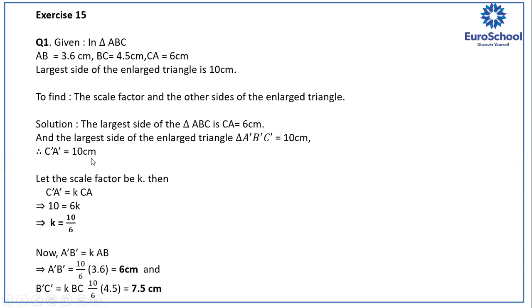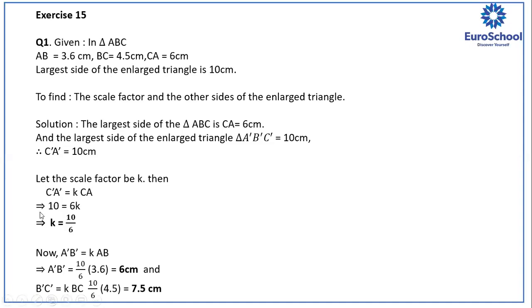Yes, ma'am. Okay, now you know the largest side of the enlarged triangle, C dash, A dash, and you know the original side of the triangle ABC, CA, that is 6, right? So the length of the enlarged triangle is equal to scale factor times the side of the original triangle.